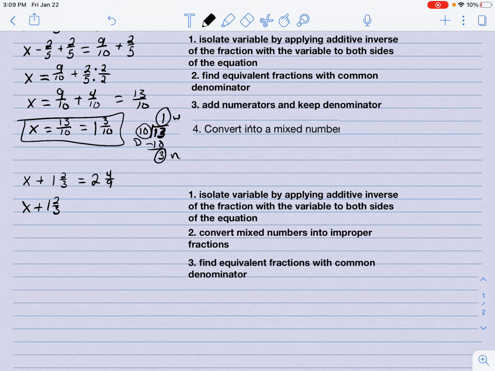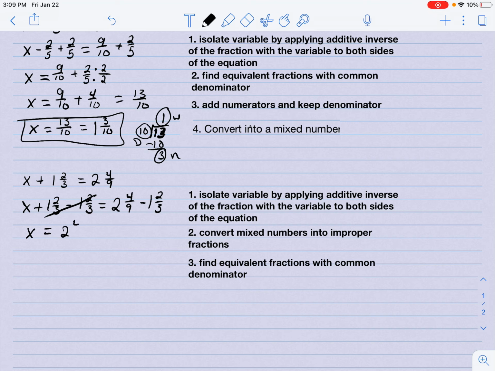The additive inverse of 1 2/3 is going to be a minus 1 2/3. So there we've set it up. Once again, on the left-hand side, we're going to be left with x, because 1 2/3 minus 1 2/3 is going to give us 0.